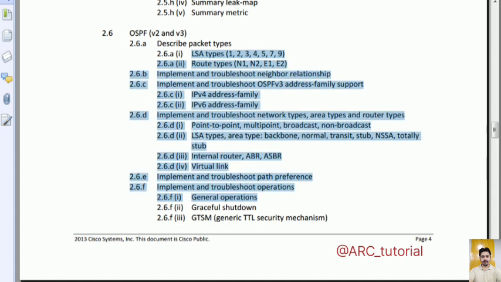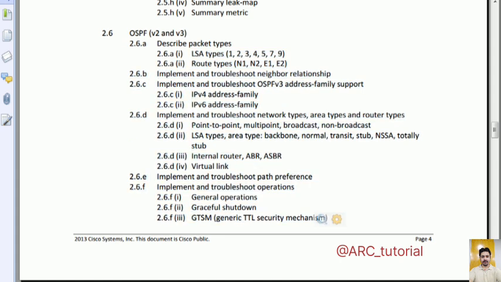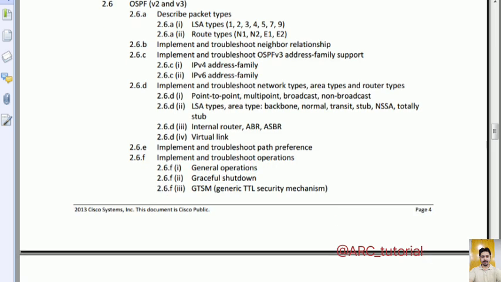Still we have not gone through, as you all remember, these address families. It's very simple. I will let you know later during IPv6 that we can also configure address families, so forget about it for now. But apart from it, network types done, LSA types done, internal router, ABR, ASBR done, virtual link done, and general operations like graceful shutdown and TTL security mechanism, you understand?